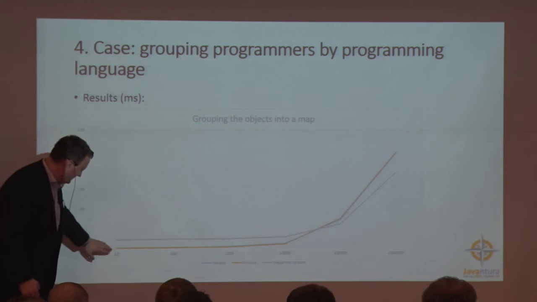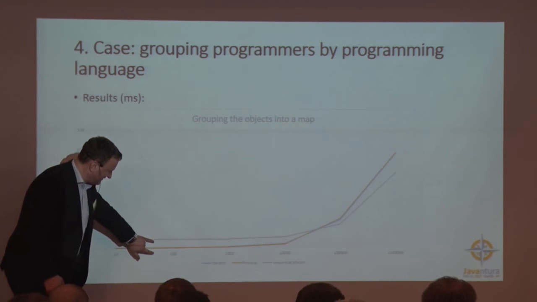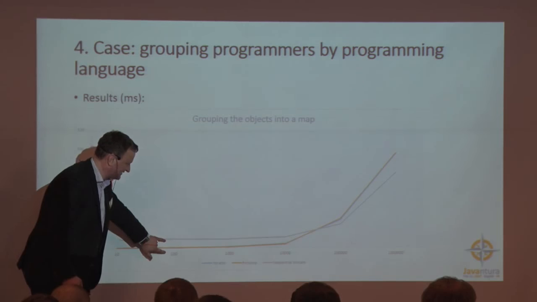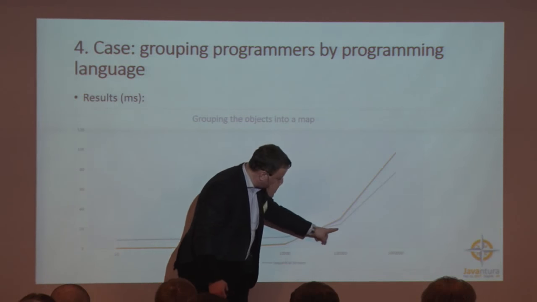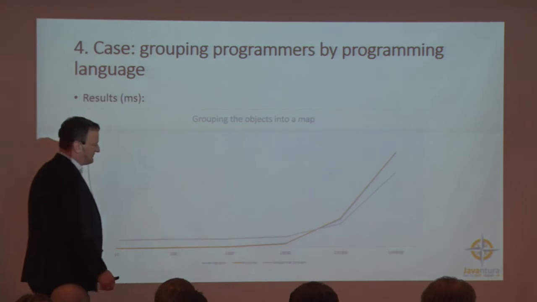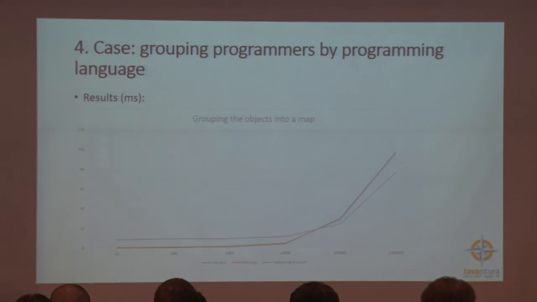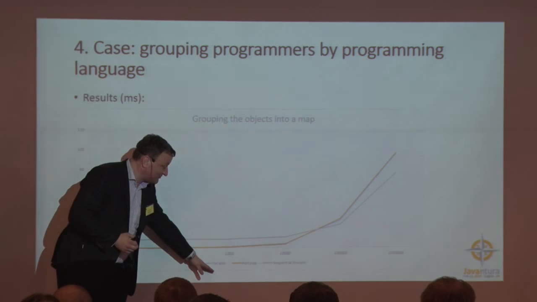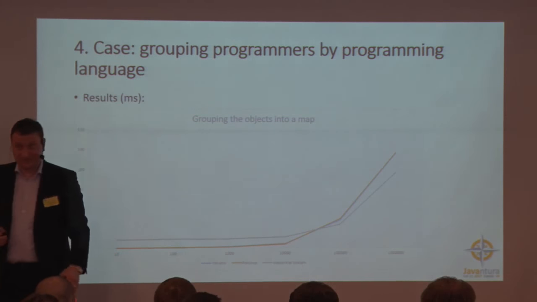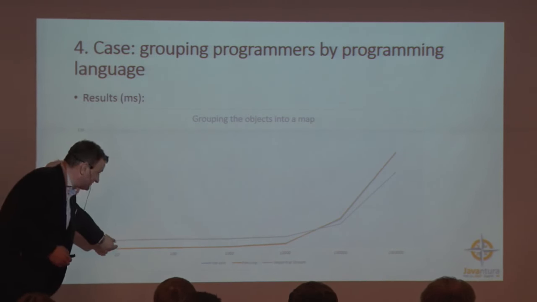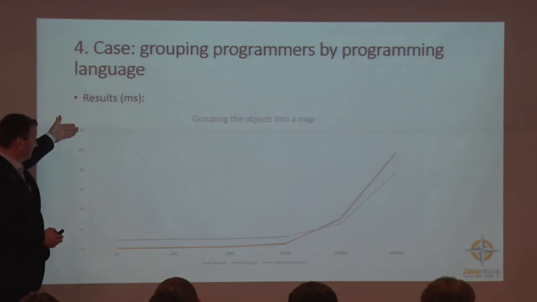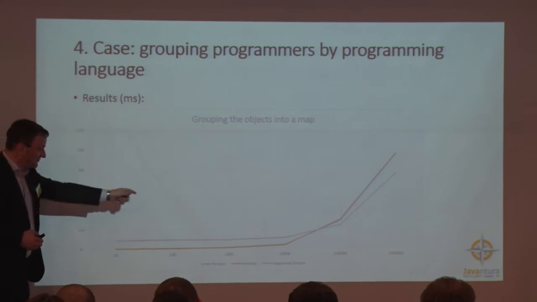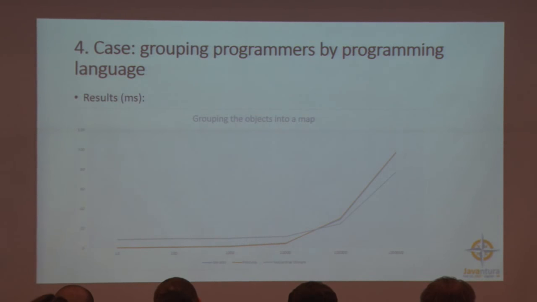So here we are losing the battle, but only a few tenths of milliseconds is the difference, and after that the sequential stream is faster. But what about the parallel stream? Because the value for the parallel stream was much higher. So I decided to remove the parallel stream from this report because this was too close. If you change the scale to like 800, you cannot see the difference. So I've decided to remove the parallel stream from this chart.